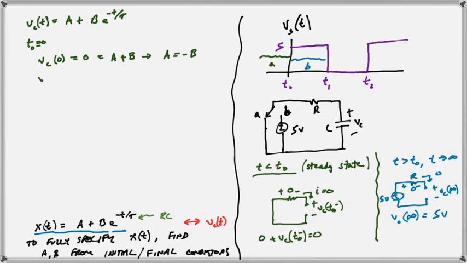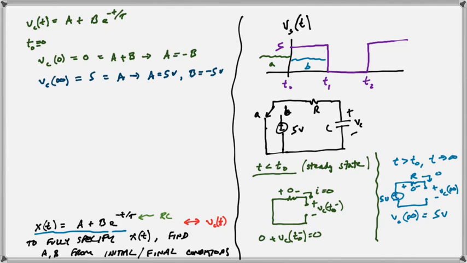Now if we use the long-time condition, the Vc at infinity, we said that's 5 volts, and if you plug in infinity for this general form, the exponential goes to 0, so we're left with 5 equals A, so A is 5 volts and B is negative 5 volts.